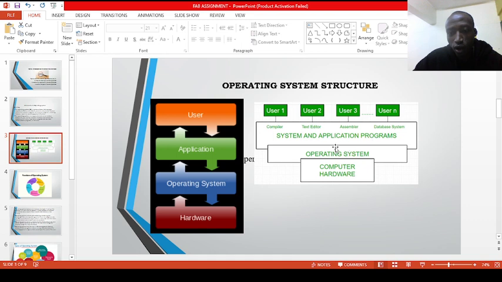So our operating system acts as a link between the computer hardware and the user here. It acts as a kind of communication link. So basically the work of the operating system is to organize what goes into the hardware and give us back the information after processing.